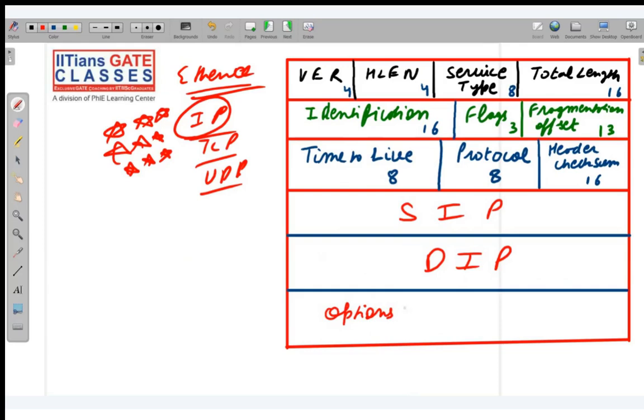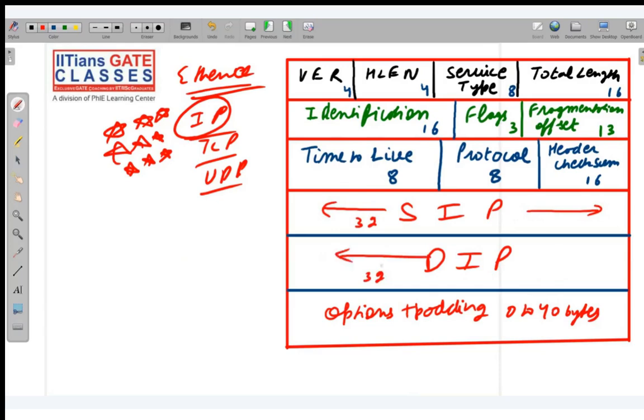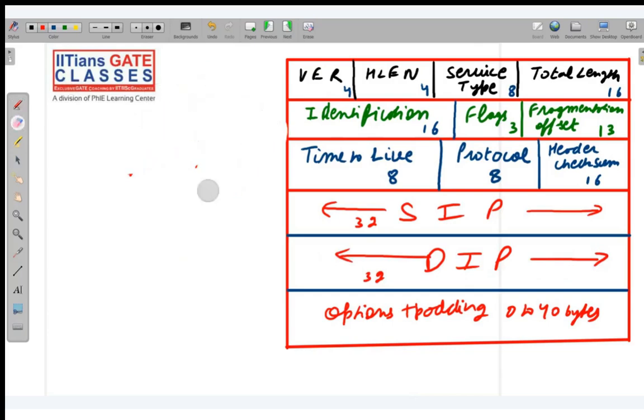Options plus padding, 0 to 40 bytes. So if you see, each row of this is 32 bits, and an IP address is also 32 bits. In terms of bytes, this is 4 bytes, 4, 4, 4, 4, total 20 bytes.